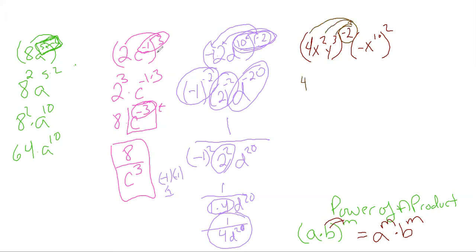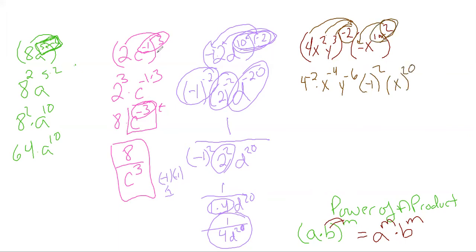So I'm going to write 4 to the negative 2 times x to the 2 times negative 2, which is negative 4. And 3 times negative 2, which is y to the negative 6. And then check this out. This 2 has got to be distributed to that negative 1 and that 10. So I'm going to write negative 1 to the 2nd power and x to the 10 times 2, which is 20.